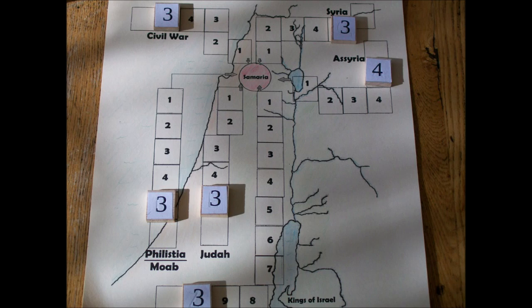So I have a civil war track that they can lose the game on. They also had enemies like Philistia and Moab. The southern kingdom, their brothers, Judah, was also in conflict with them often. They had issues with Syria, and also eventually they were conquered by Assyria.